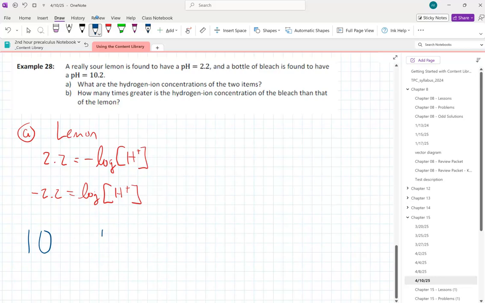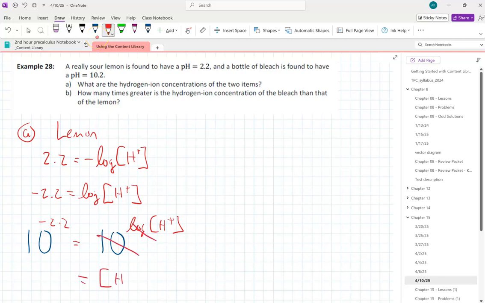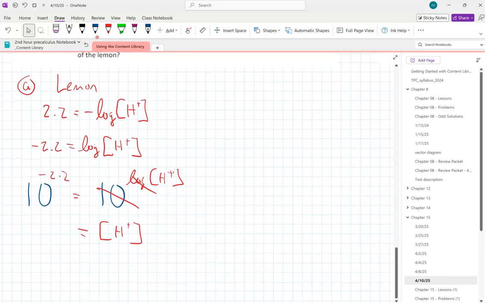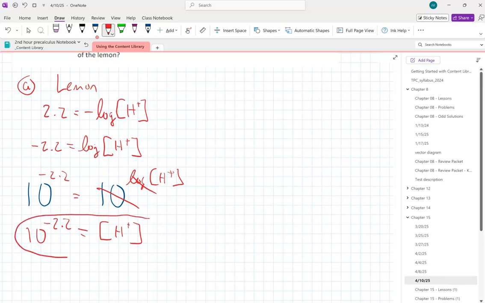Just like last time. So there's my answer. I could turn that into a decimal if I wish. I don't wish to, though.